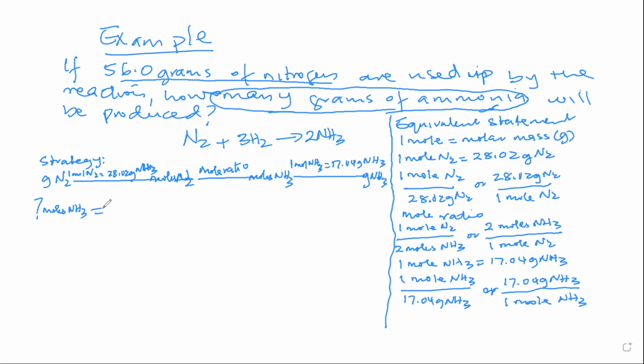I need a lot of space, so we start from here: 56.0 grams of nitrogen over 1, times 1 mole of nitrogen over 28.02 grams.